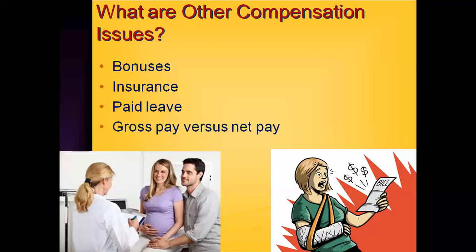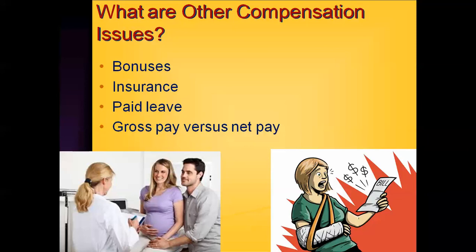Last but not least, there's the concept of gross pay versus net pay. And those of you that have received paychecks from a part-time job are intimately familiar with this concept. The gross pay portion of it just basically says if you're paid $10 an hour and you work 10 hours, you're paid $100. That is gross pay. But the reality of it is you don't necessarily receive $100 in your paycheck.